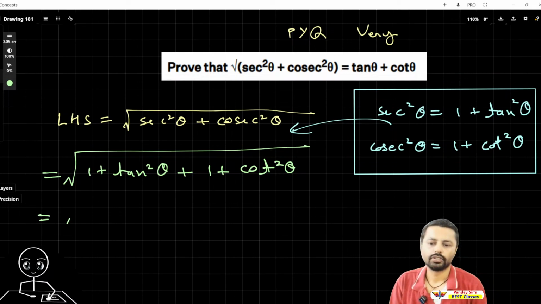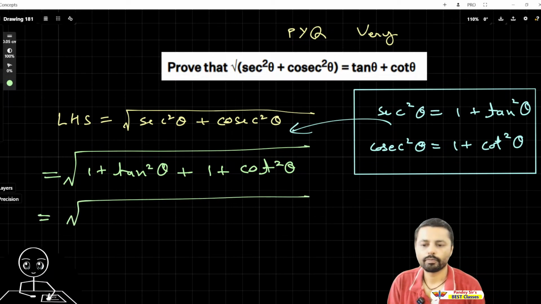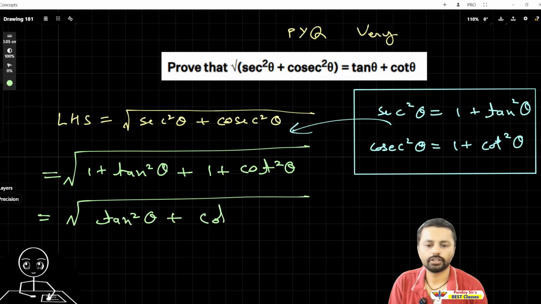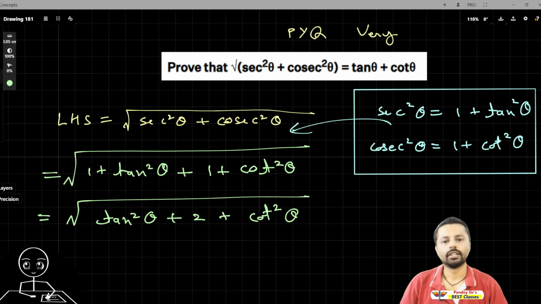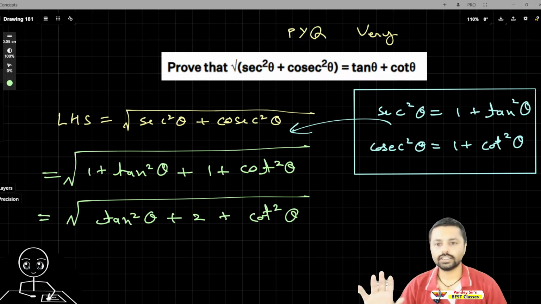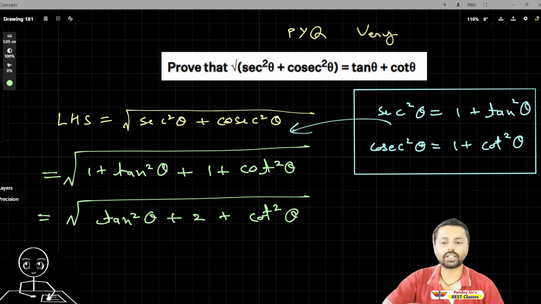Equal to root of 2 plus 1 plus 1, but I will write it a different way: tan²θ plus cot²θ plus 2. Now here is what we got, but what is the next step?